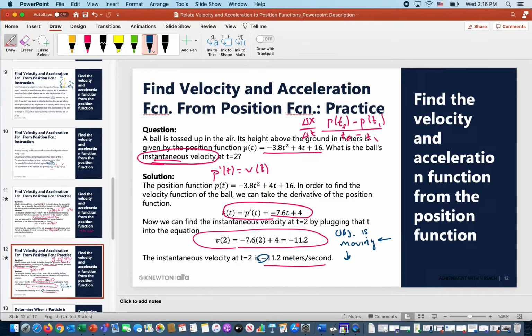That negative sign on velocity indicates the direction of motion. Because this ball is tossed up in the air, we know that after 2 seconds, the velocity is negative. This object is traveling down. So that's the only true thing we can say about the motion of the object: at 2 seconds, the object is moving back towards the ground.